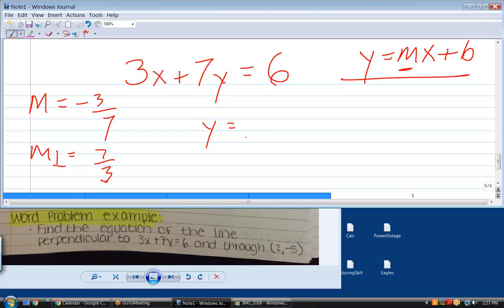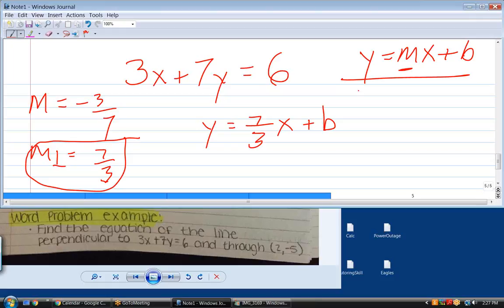No. We're talking about the equation of the line perpendicular, so we're going to start here. Okay, so y equals 7/3 x plus b. I know that much about coming up with the equation of that line.